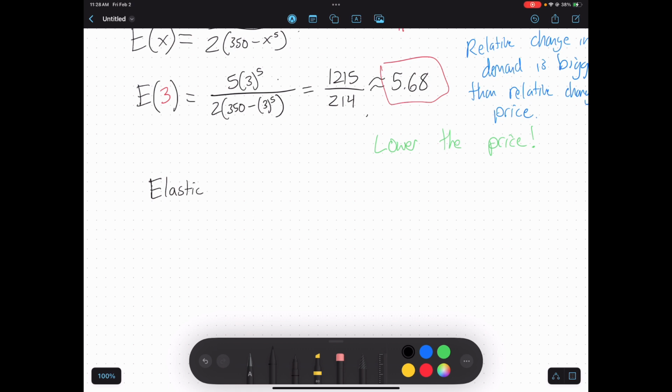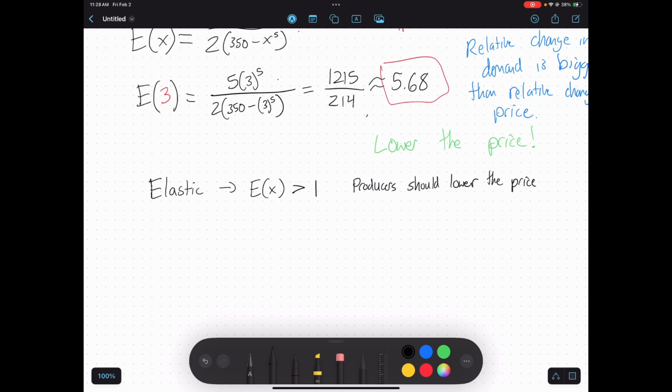If your demand is elastic, that means that E of X is greater than 1. And what does that tell us? That means the producers should lower the price. Because once again, by just lowering the price a little bit, you can significantly increase your demand by a larger factor.